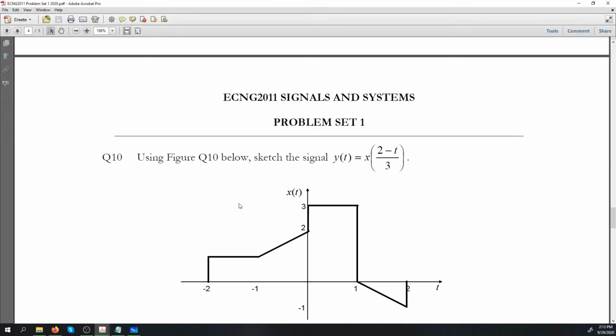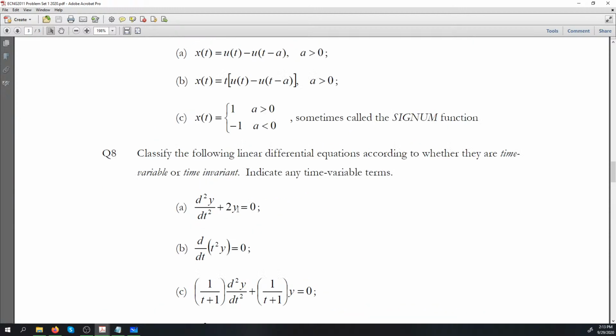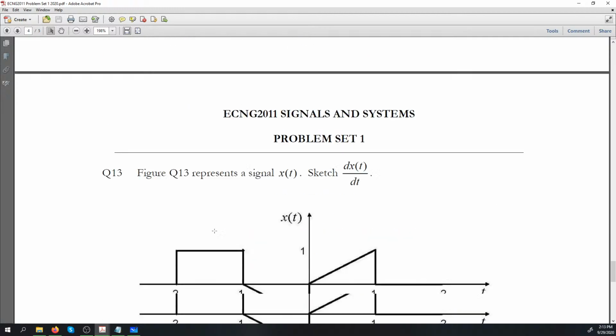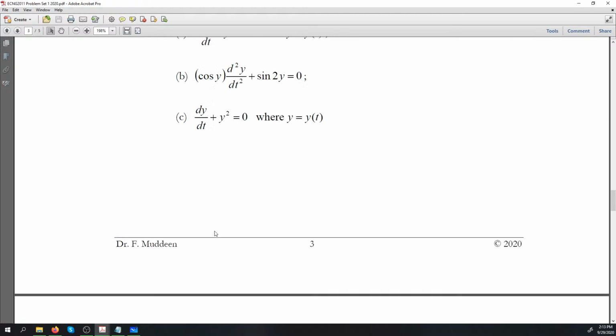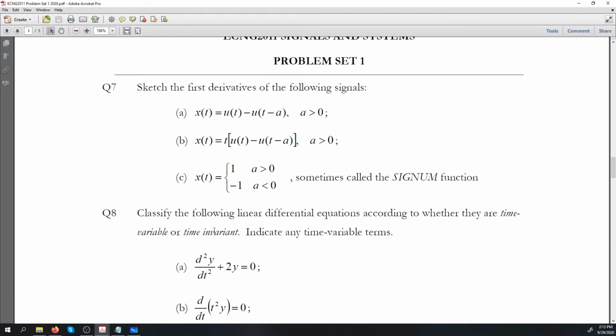So, you guys were asking about question 7 and question 8 in particular. And okay, yeah, I'll do question 7 first and then I'll move on to question 8.